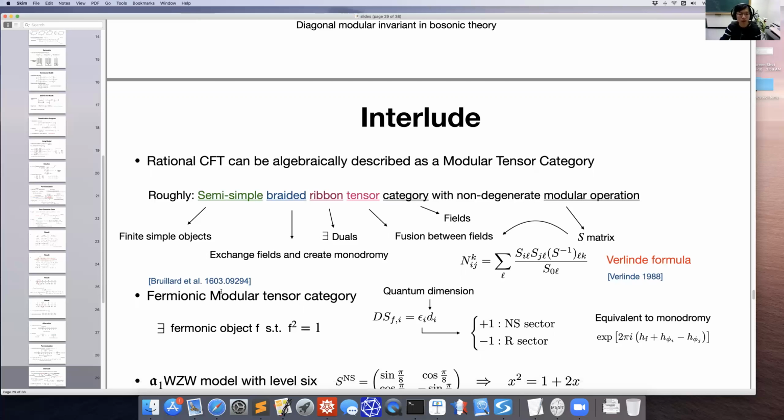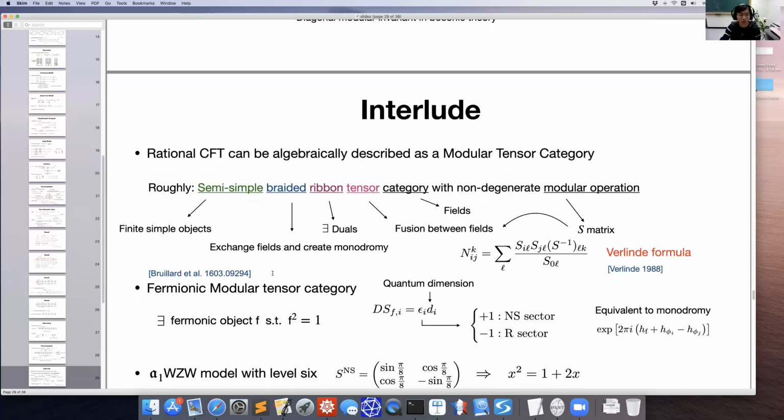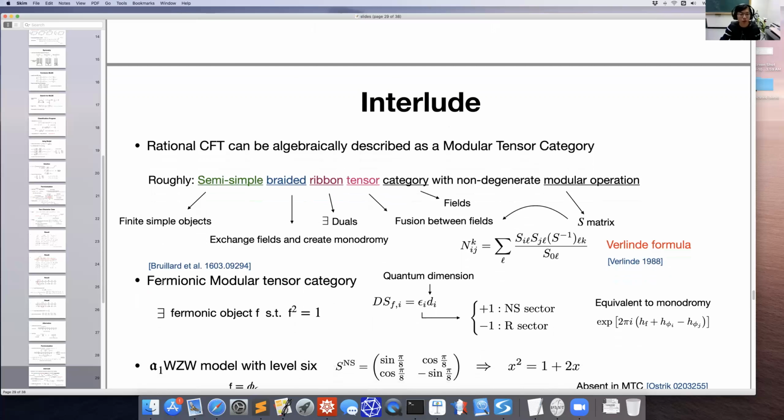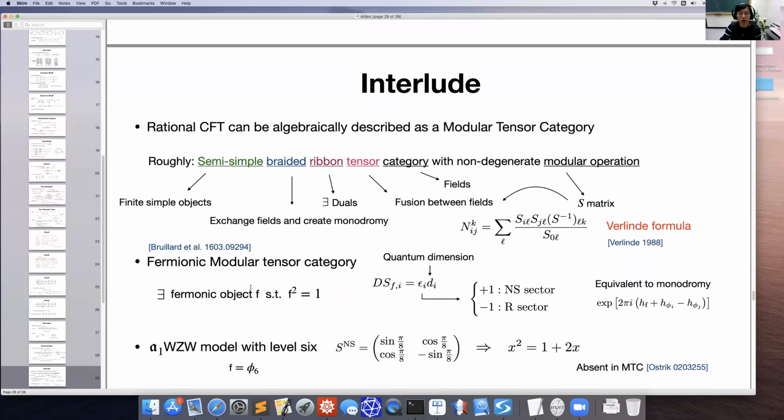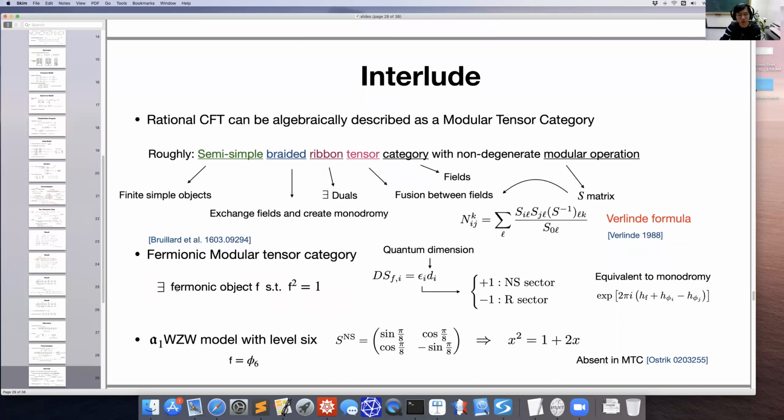And moreover, recently, some physicists and mathematicians proposed the so-called fermionic modular tensor category, which says that there's a fermionic object F such that F squared, F fused with itself, equals 1, and we can use this fermionic object to determine different sectors.